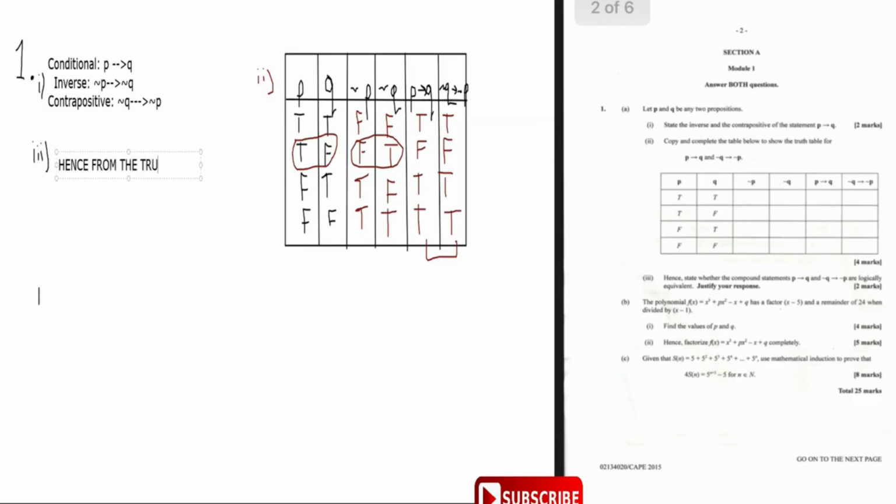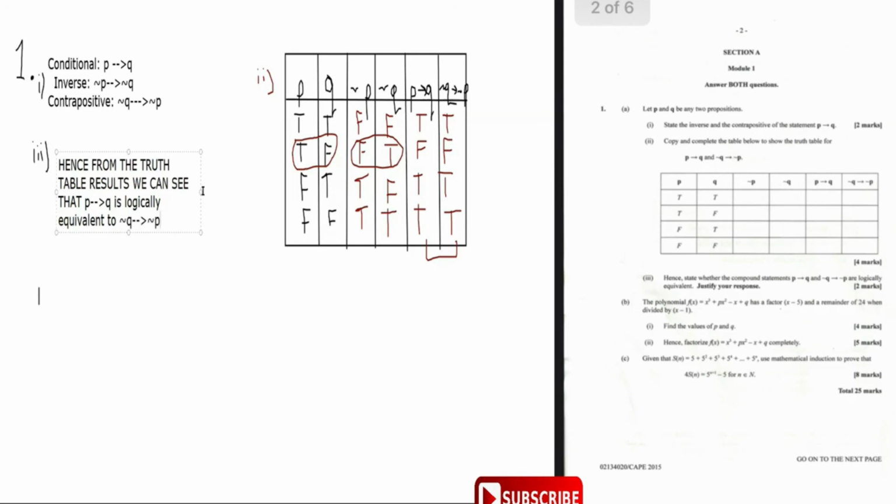from the truth table results, we can see that P implies Q is logically equivalent to not Q implies not P. Nice and easy.